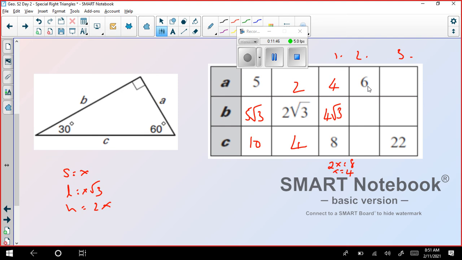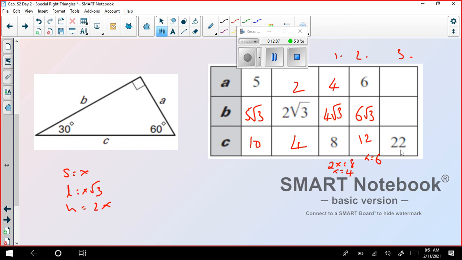Same way on this one, a, that is the smallest leg x, is given to us this time as 6. So substitute in the longest leg, that is 6 root 3 to get b, and the hypotenuse is 2 times 6, that is 12.